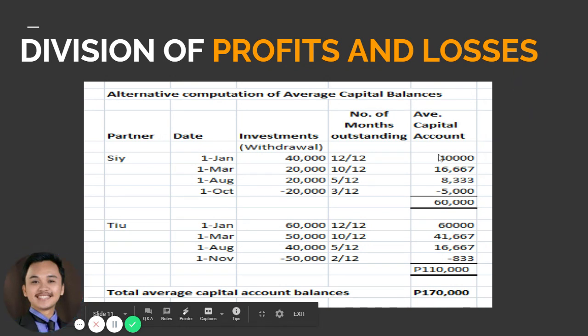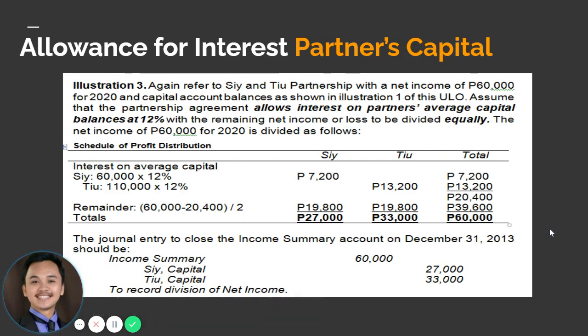So ang share ni C will be 60 over 170 times 60,000. And ang share ni Chu will be 110,000 over 170,000 times 60,000. Okay? To compute for the net income of C and Chu. Okay? Let's proceed.